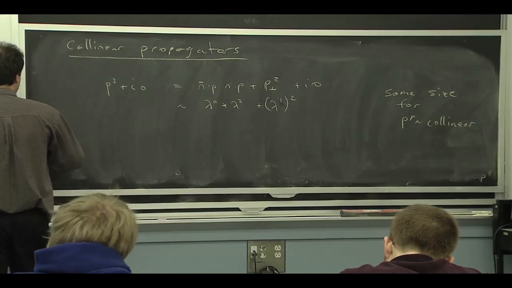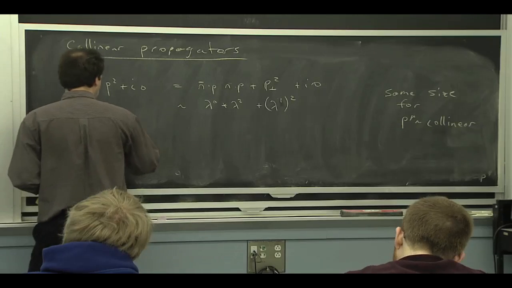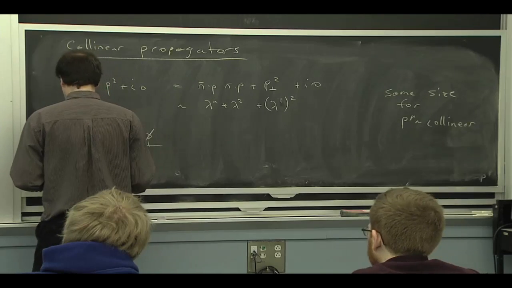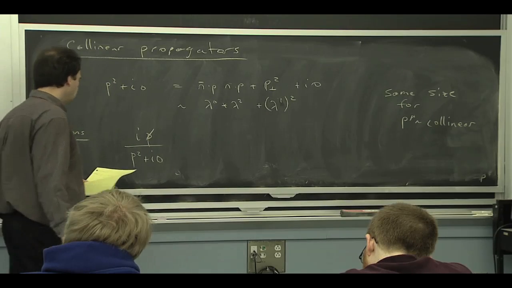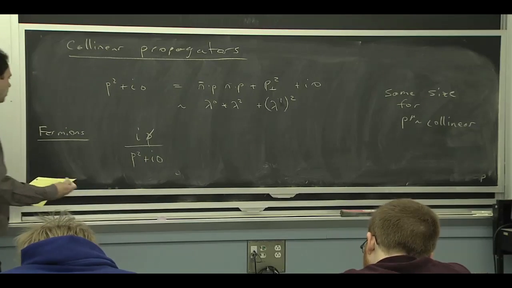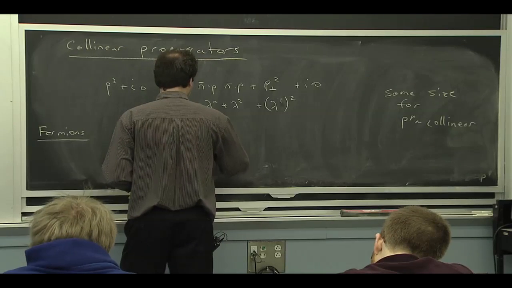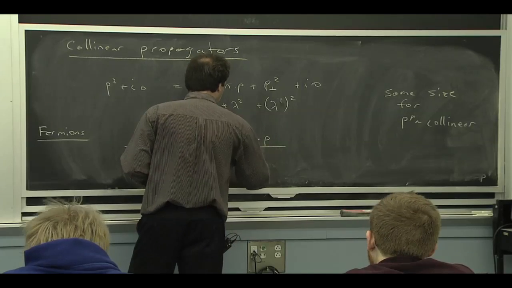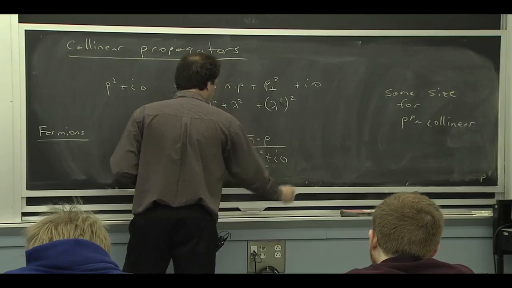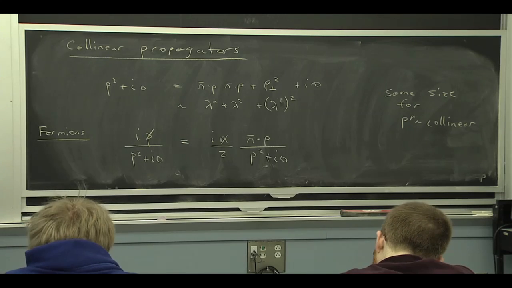So if you look at fermions that are collinear, and you look at i p slash over p squared plus i0, you can decompose p slash out in terms of n slash and n bar slash, write it out in terms of the coordinates we're using. And then in the numerator, you keep the full denominator, but in the numerator, there is one momentum component that's larger than the others.